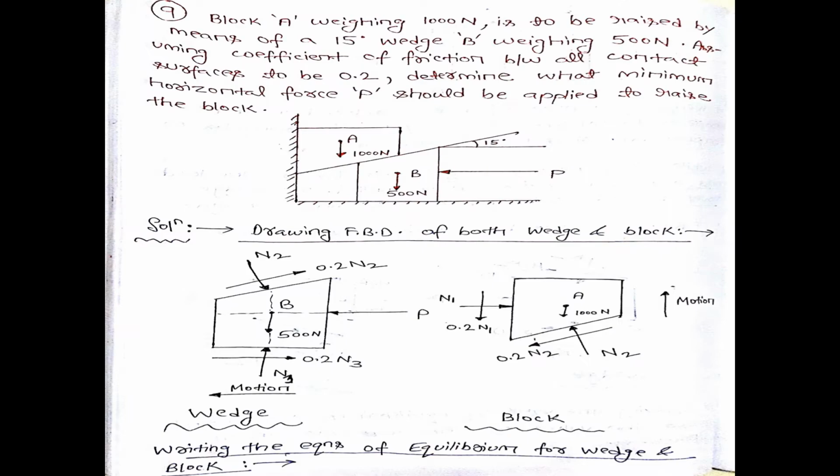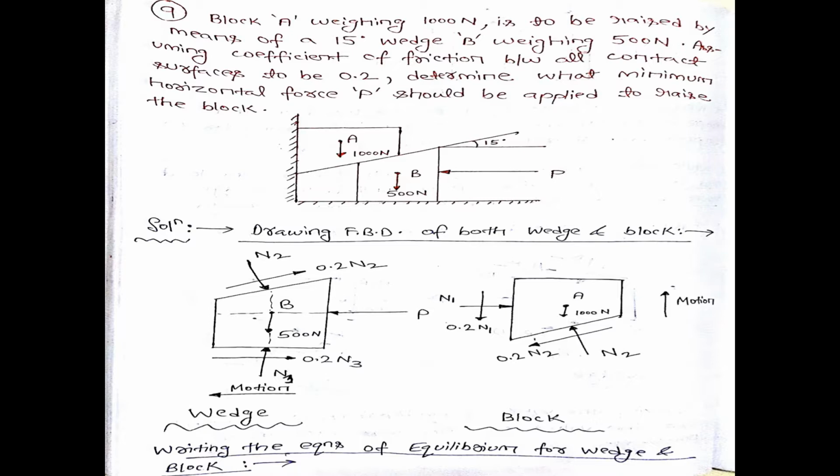Let us solve this problem. The problem is: block A weighing 1000 Newton is to be raised by means of a 15-degree wedge B weighing 500 Newton.